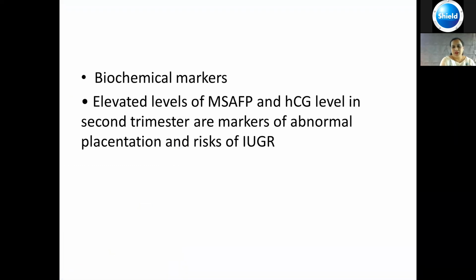One more important point, as we already discussed: during the NT scans we usually do the double markers. Nowadays we are doing first trimester quadruple markers, measuring both hormones. If we combine this with the Dopplers, we can clearly predict the risk of IUGR and preeclampsia, taking maternal age into consideration.